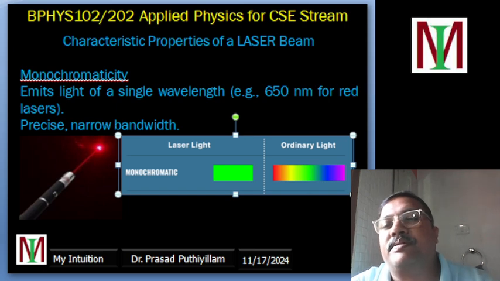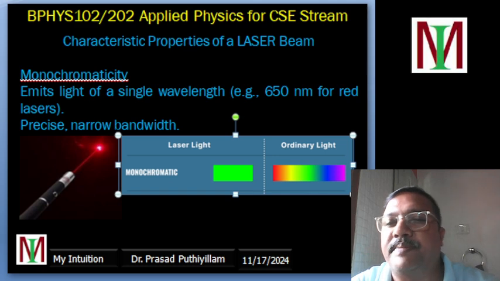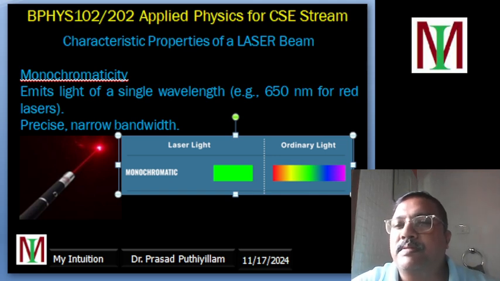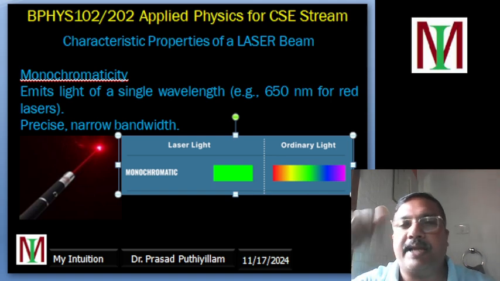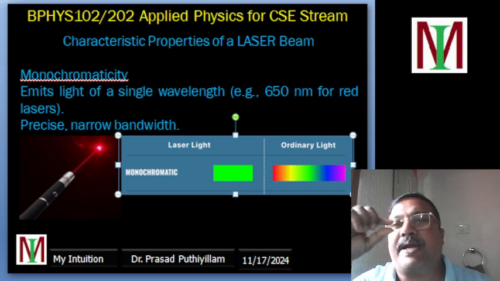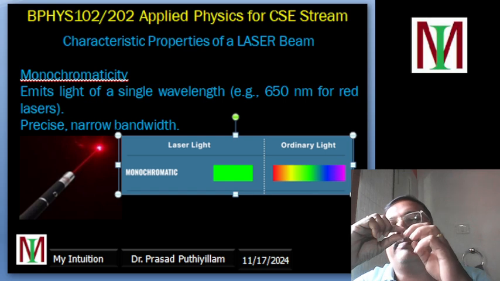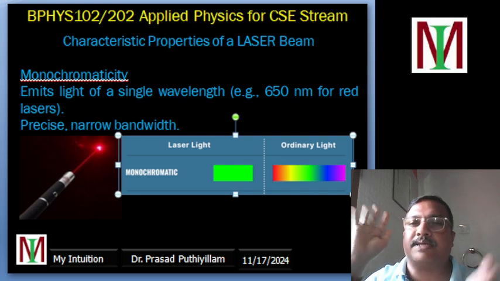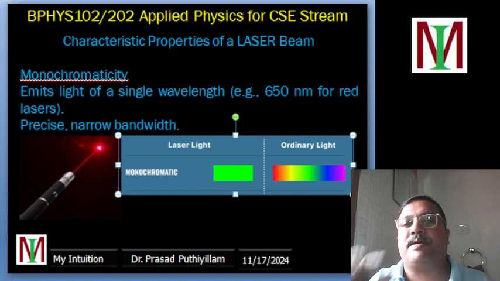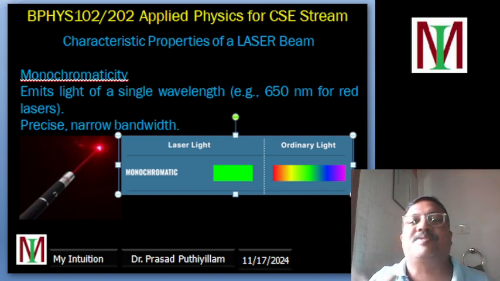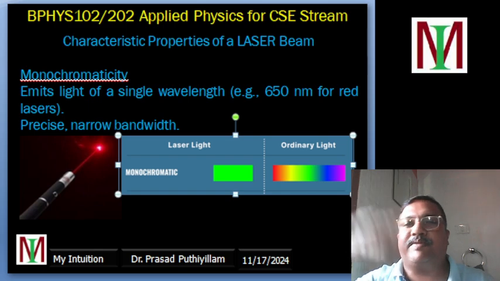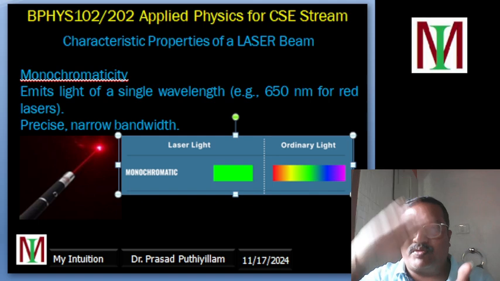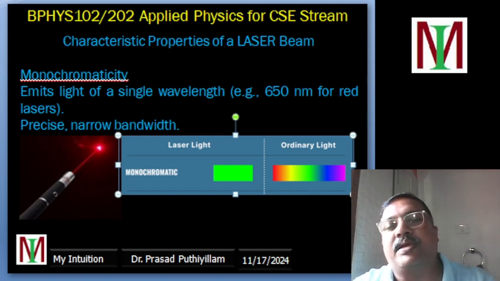The narrow bandwidth of a laser beam is what makes it so precise. Bandwidth is the gap which is maintained so that the light wave can pass, not the light as such. In ordinary light, all waves are there and the width is very large. In a laser the bandwidth is so small, it goes to the microscopic, wavelength level.